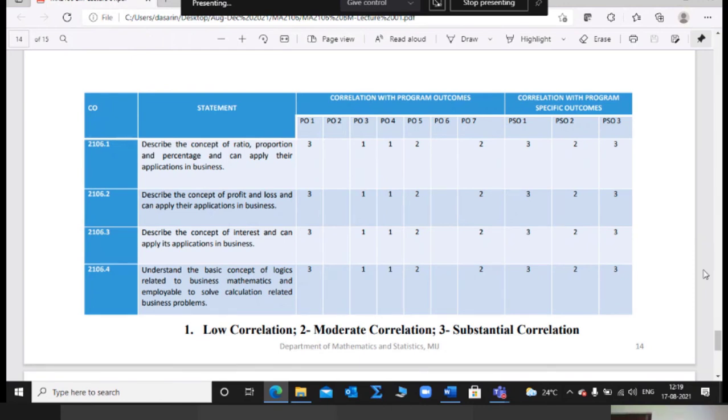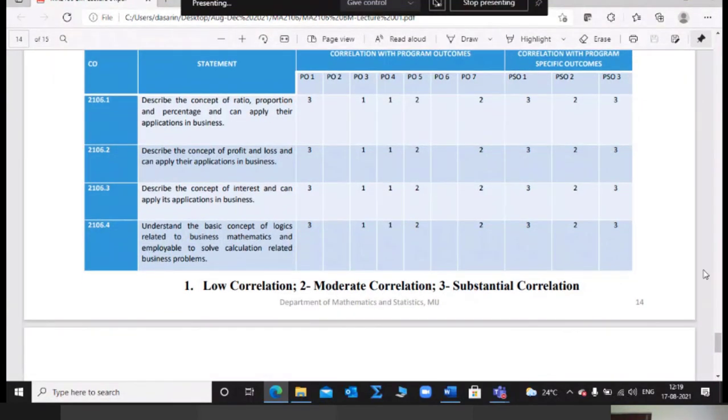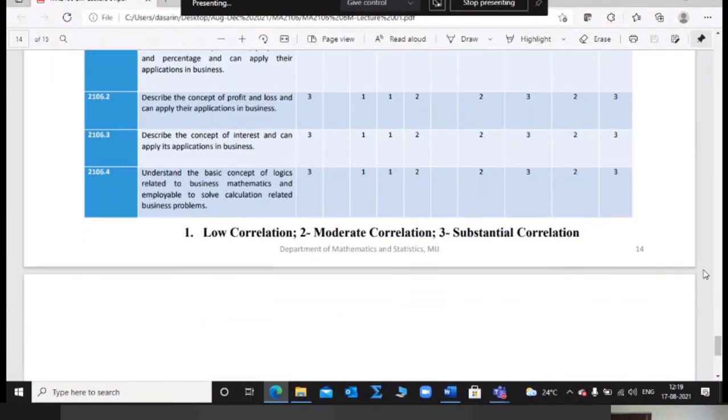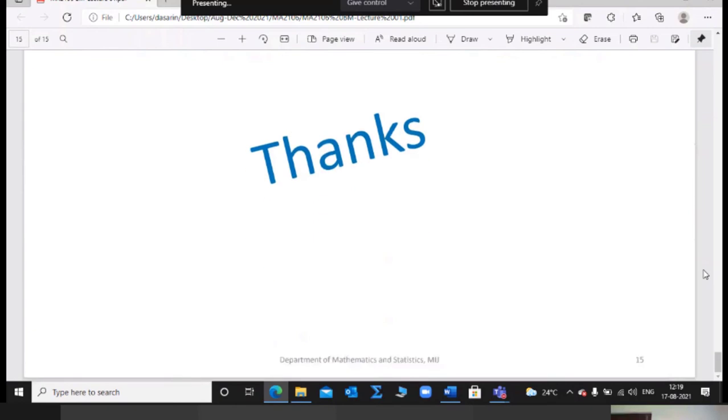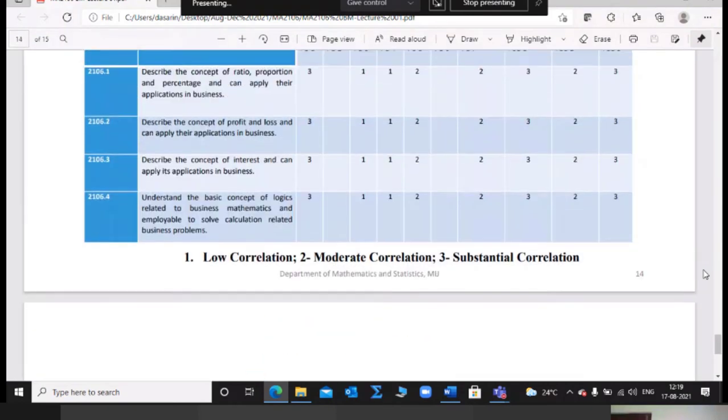So once we complete the program, depending upon your performance and depending upon my kind of delivery, we could see a number which would reflect how this course is applicable or useful to you people. So this is what I wanted to convey in this class.